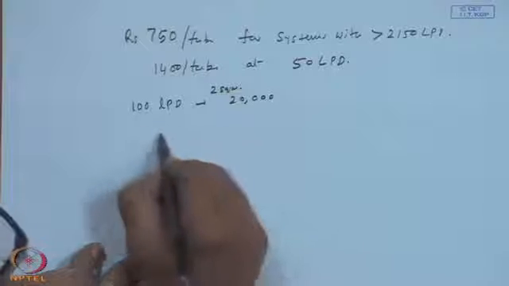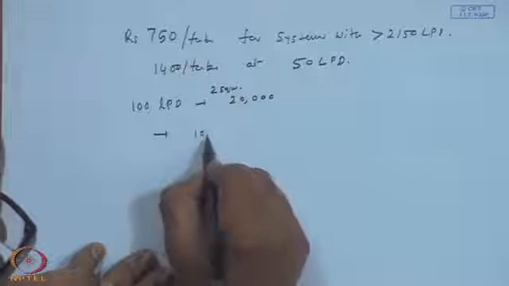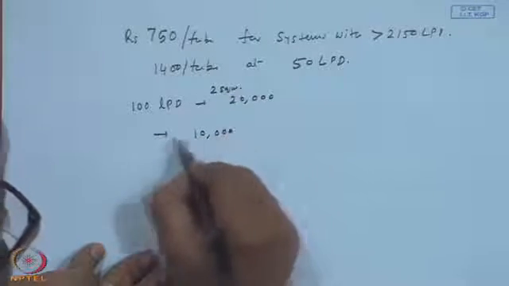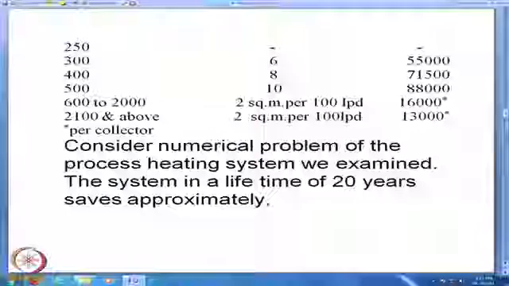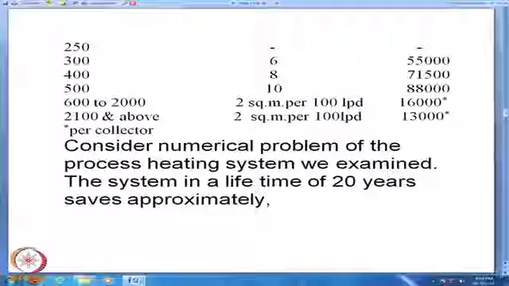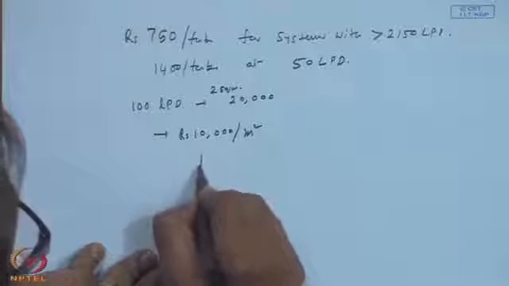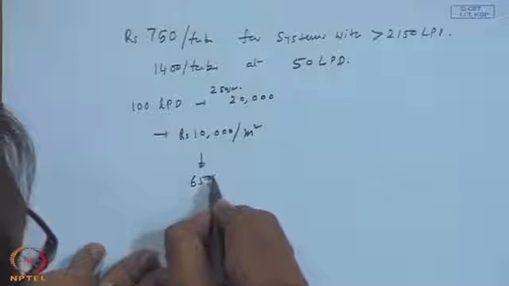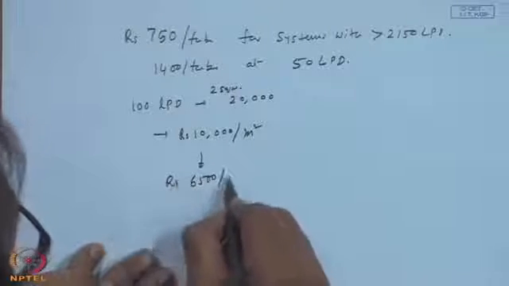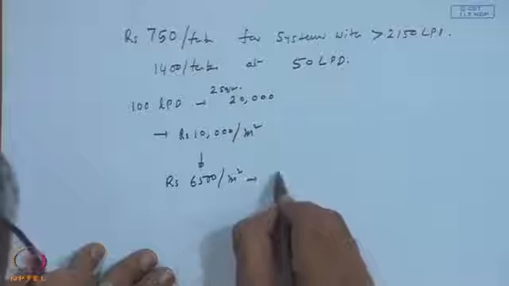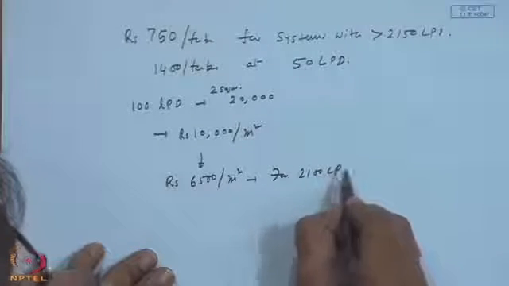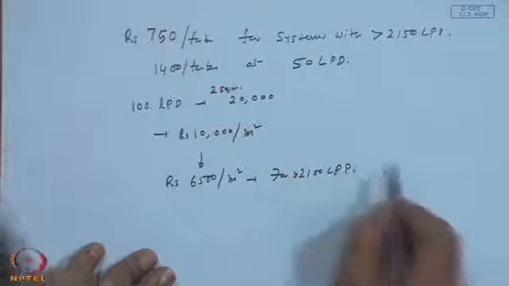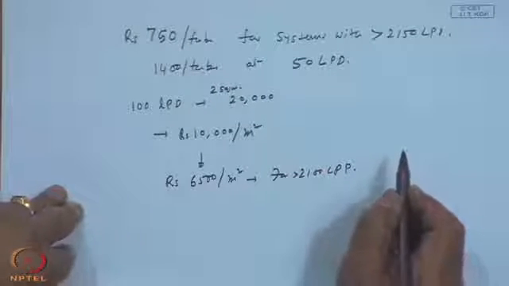So per square meter, I guess, about 10,000 rupees per square meter, and this comes down to something like 6,500 per square meter for systems greater than 2100 liters per day.